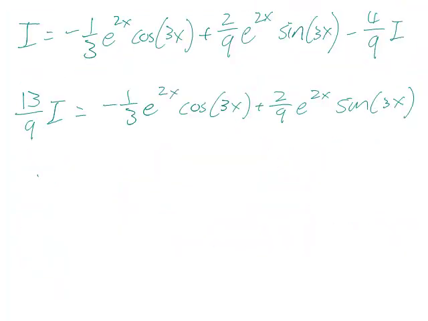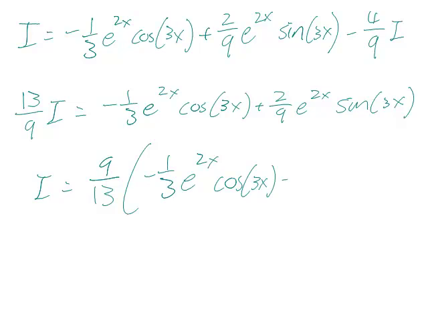So I would be equal to 9/13 times minus 1/3 e to the 2x cosine 3x plus 2/9 e to the 2x sine 3x.